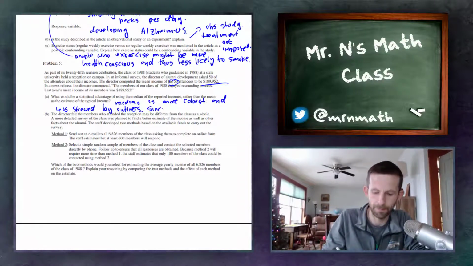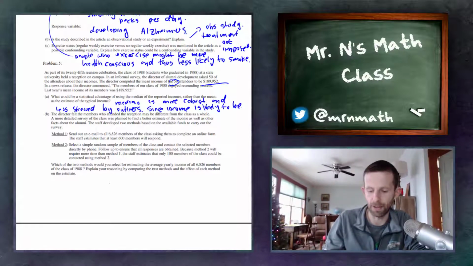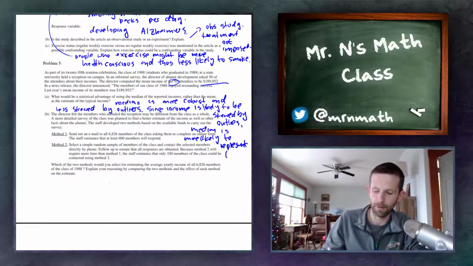Since income is likely to be skewed by outliers, median better represents the population, is more likely to represent the population.